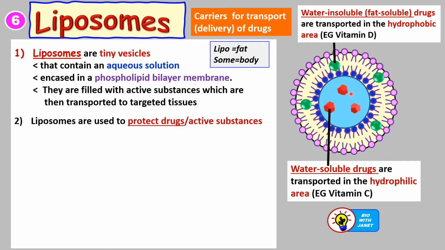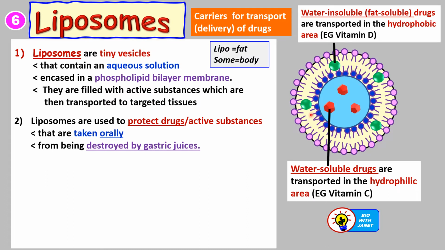Okay, so why do you want to use liposomes to transport the active ingredients or products or drugs? The reason is because liposomes can protect the drugs or active substances from being destroyed. For example, sometimes the liposomes can be eaten, taken orally, and then they will land up in the stomach where there are gastric juices.